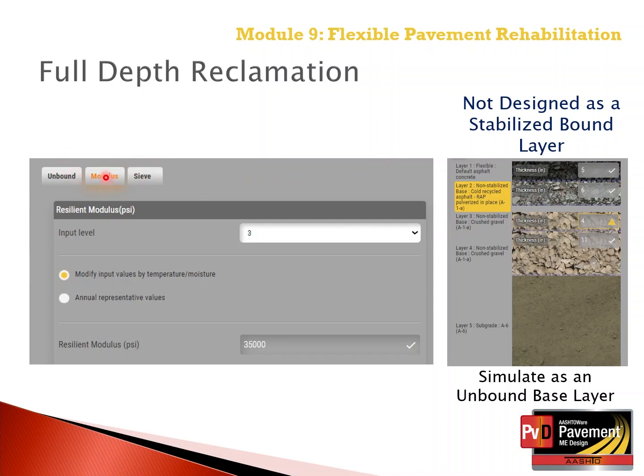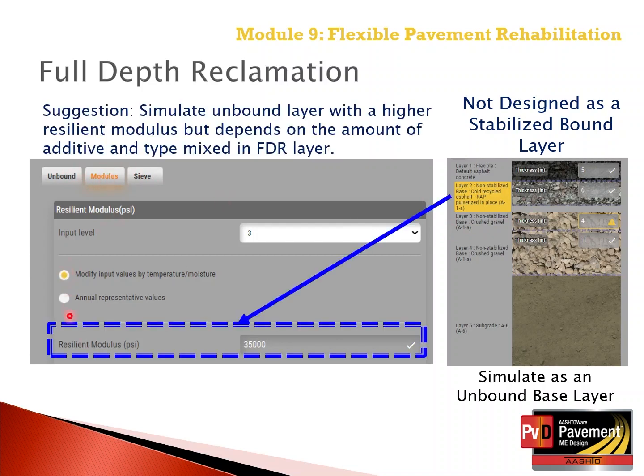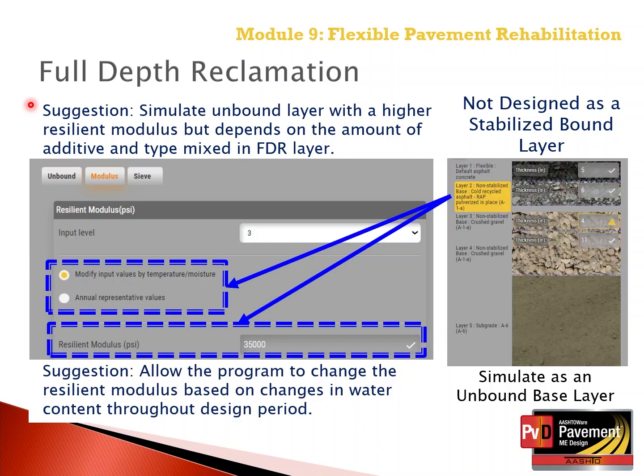material. The modulus is generally, the suggestion is to simulate the unbound layer with a higher resilient modulus, but that depends on the amount of additive and type of additive that's mixed in with the full depth reclamation layer. The other item is, do we consider it an annual representative value, or do we allow the program to modify the resilient modulus as a function of degree of saturation?